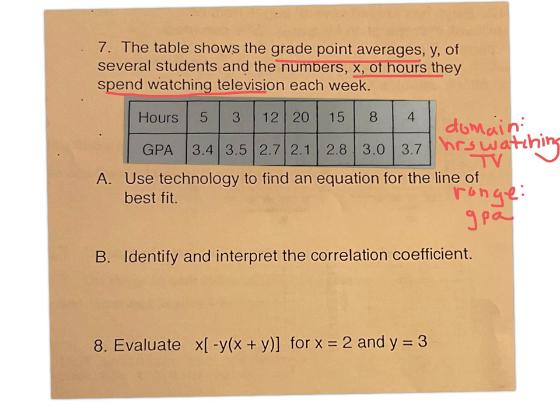So it says use technology to find an equation for the line of best fit. So we need to go at this point to stat, edit, in our calculator. We need to enter this information for our X and for our Y. And once we do, then we need to go back to stat, move over to the word calculate, calc, and then go down to number 4, which is the linear regression line.